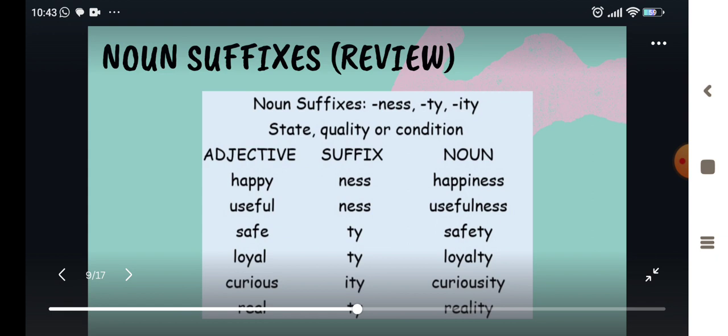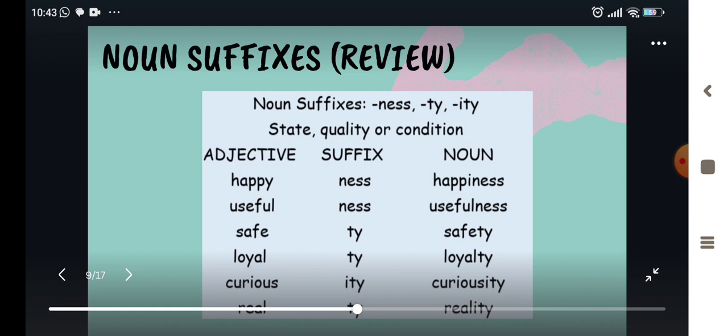Adjective plus suffix changes into a noun. For example, we have the adjective happy plus the suffix ness, we have the noun happiness. Useful plus the suffix ness, we have usefulness. Safe plus the suffix ty, we have safety.